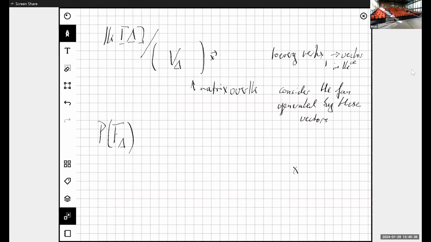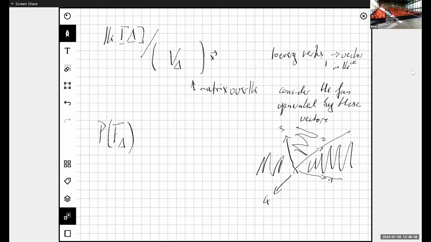Well, I have my origin, and then I have a vector for one vertex, a vector for another vertex, and so on. Let's say 1, 2, 3, 4. Now if I have the simplex 1, 2, then I get in the fan the cone spanned by these two, and then the cone again spanned by 2 and 3, and so on. All right, I get this fan.